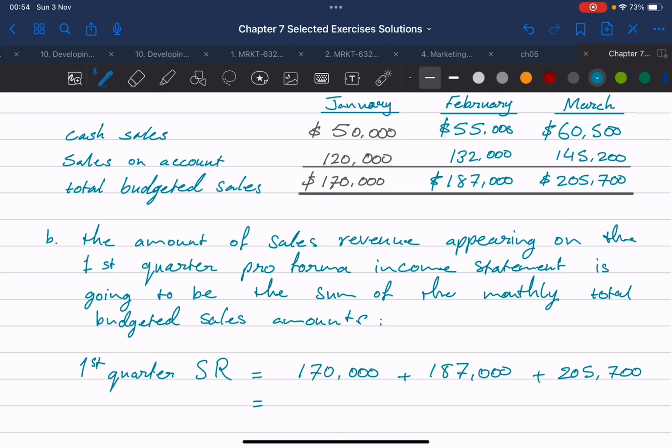Using the calculator, that's going to be 562,700. And that is the answer to part B.